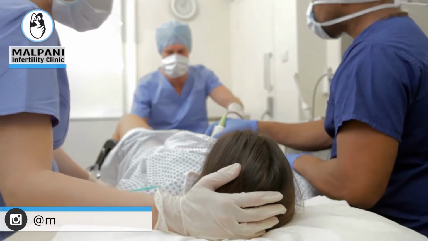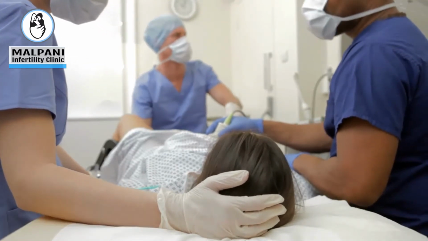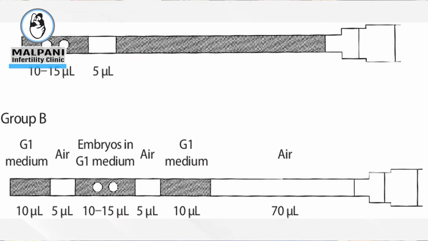So, an embryo transfer is a straightforward medical procedure. It's the mechanical act of using a long plastic hollow tube called a catheter, which the embryologist loads in the IVF lab with the embryo, preferably just one embryo. This embryo is in culture medium, and then brings this catheter with the embryo in it to the doctor who's in the operation theater.